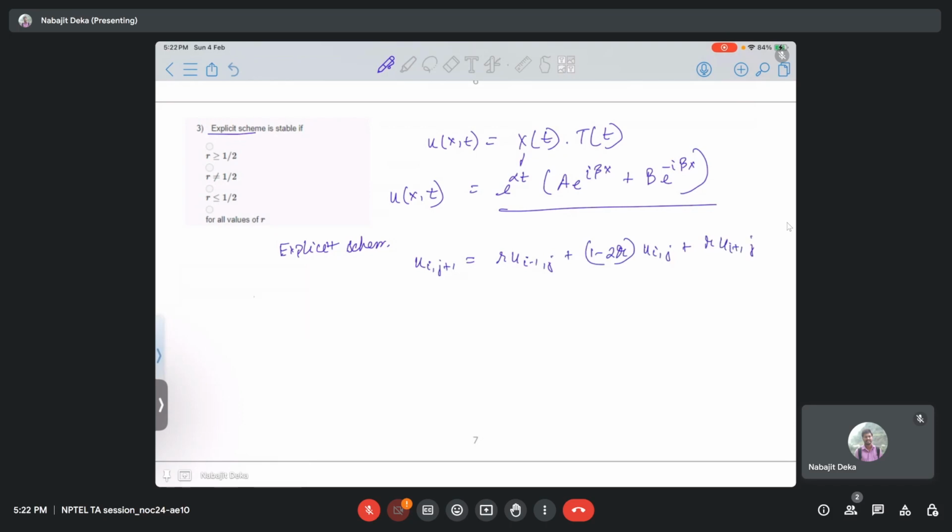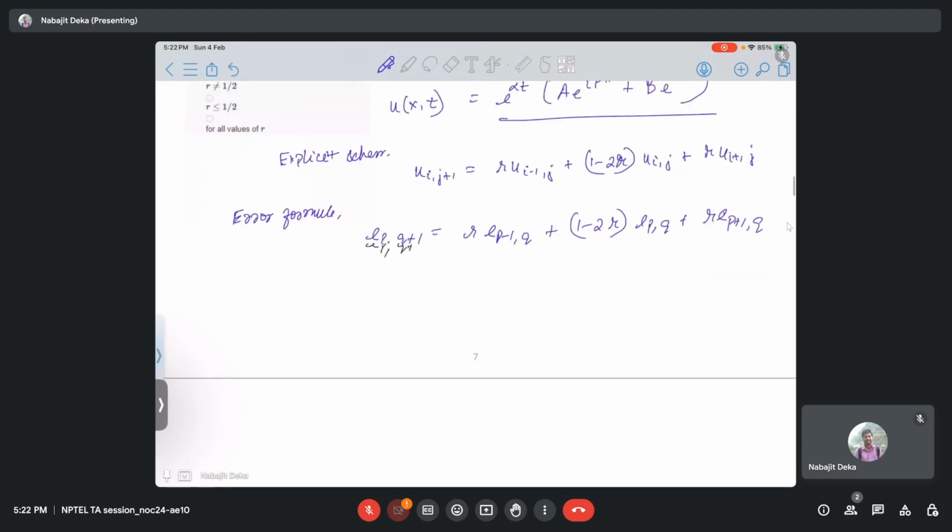Now the error formula, if we write it for this explicit scheme, is E(p,q+1), replacing with p and q, equal to r E(p-1,q+1) plus (1 minus 2r) E(p,q) plus r E(p+1,q).